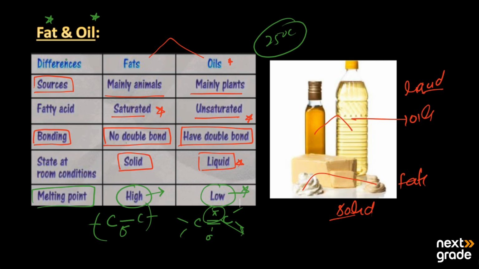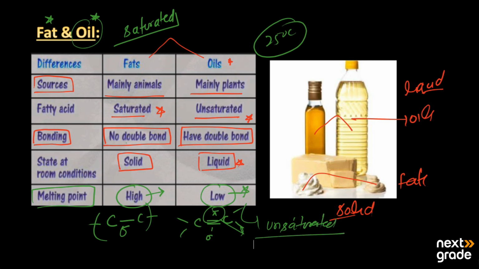When we talk about their fatty acids, the fatty acids of the fats are known as saturated fatty acids. On the other hand, the fatty acids of the oils are known as unsaturated fatty acids because they contain double or triple bonds. All these are mainly made up of fatty acids. So fatty acids are known as the building blocks of the lipids, and they are very important in them.